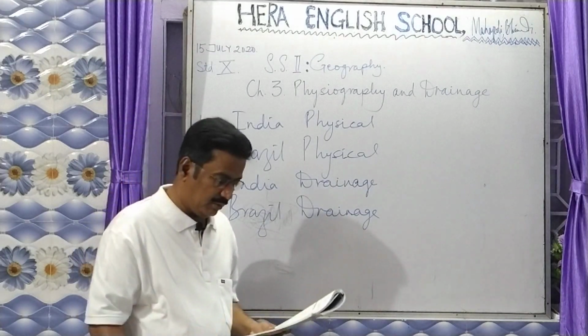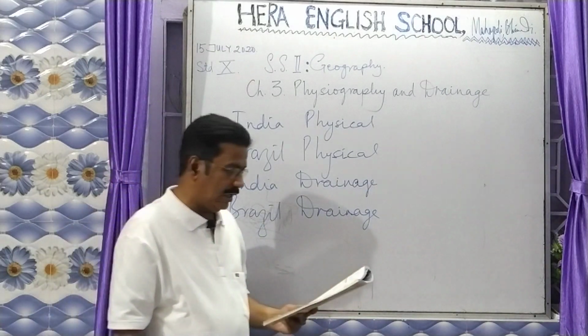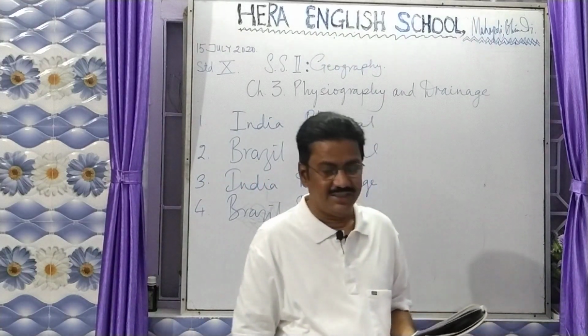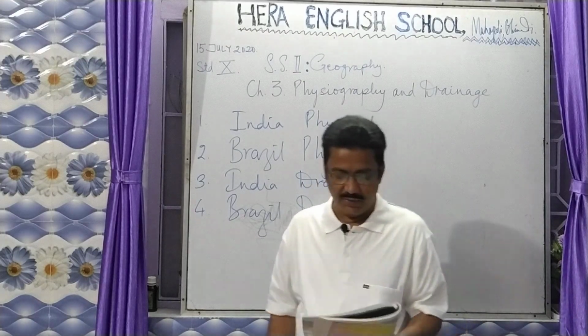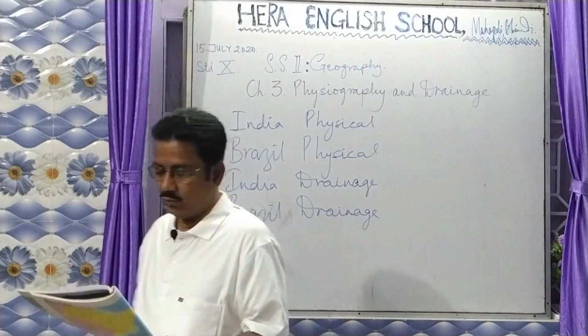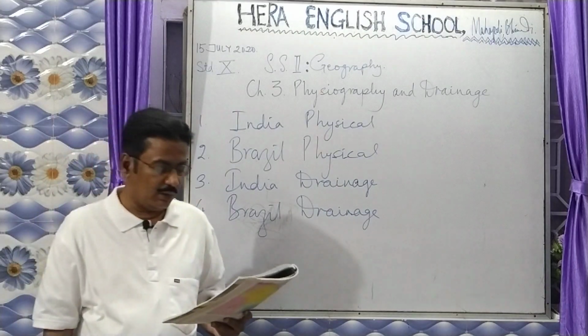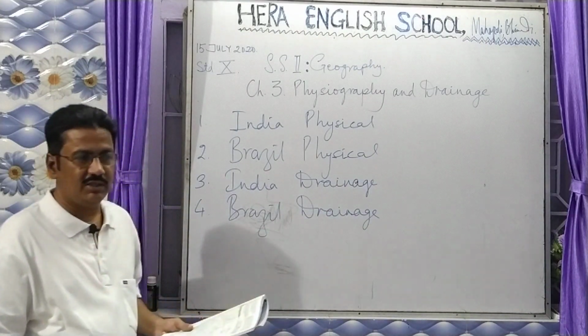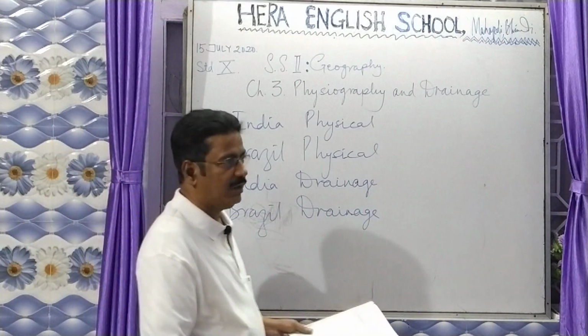Then you have the Ganges, where most of the rivers start in the Himalayan regions for India, and then the south flowing rivers, north flowing rivers. Then you have 2 major rivers that flow into the Arabian Sea, that is river Narmada and river Tapi.